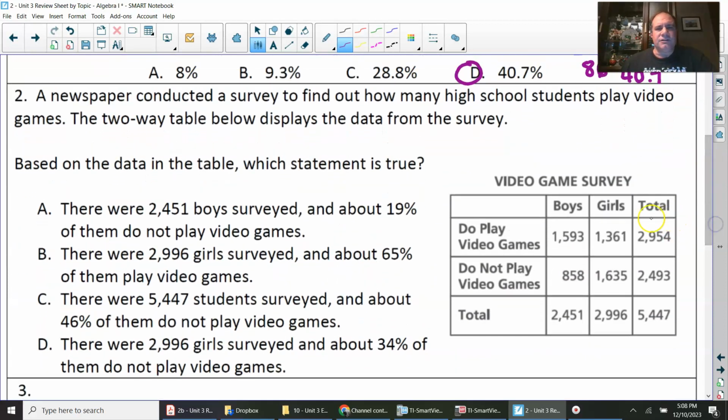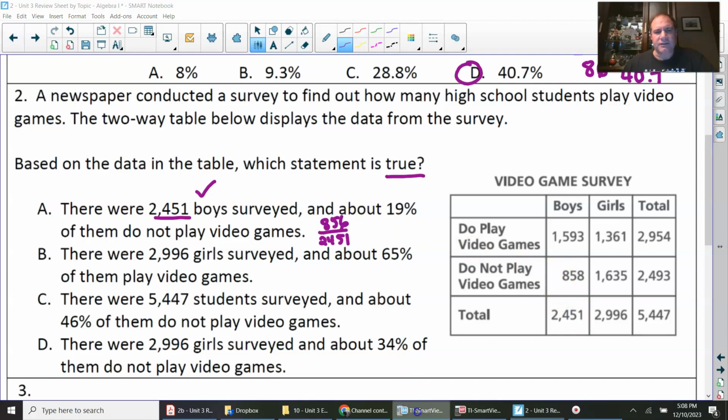A newspaper conducted a survey, and here it is. Which statement is true? There were 2,451 boys surveyed. Yes, that's true. About 19% of them do not play video games. So I'm going to figure that out right now. 2,451 boys, and those who do not play video games, 856.